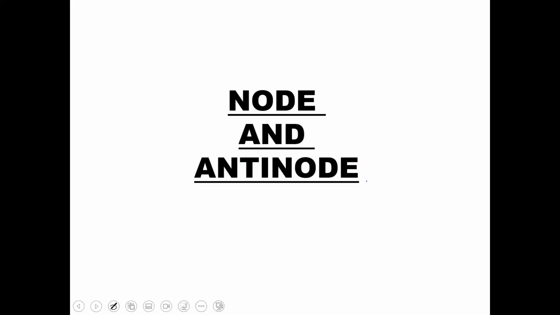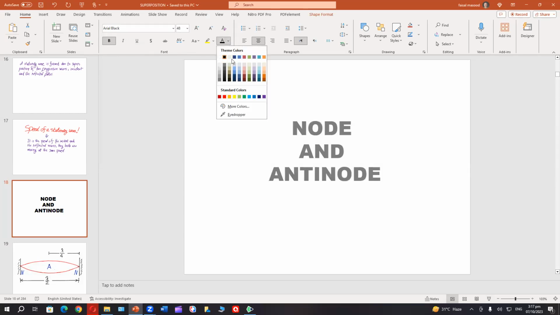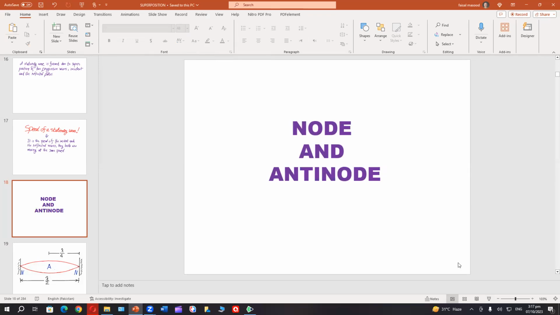Now, node and anti-node, a very famous concept. This comes every year. Normally these two topics are coming together, and I think this chapter and the previous chapter both come together.